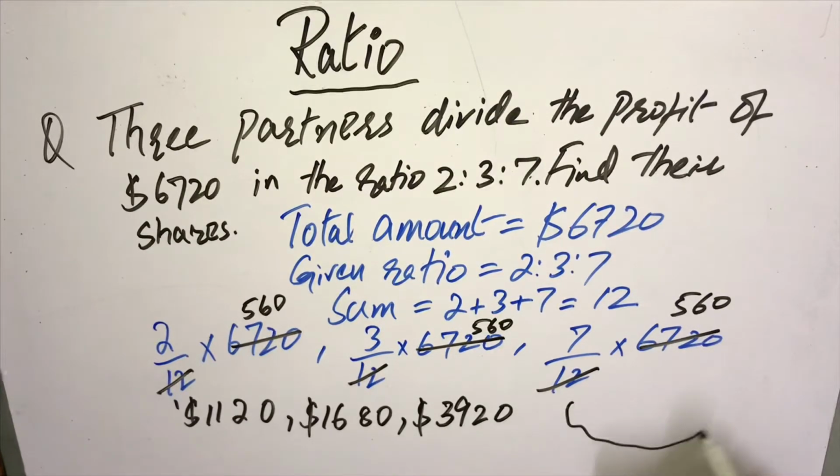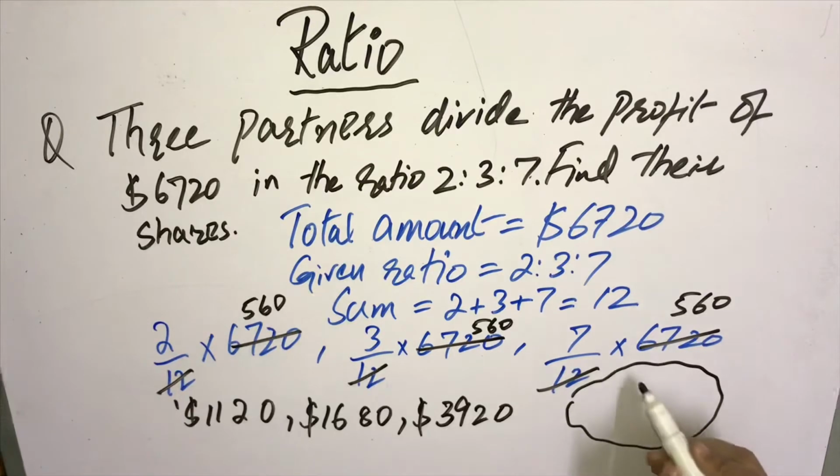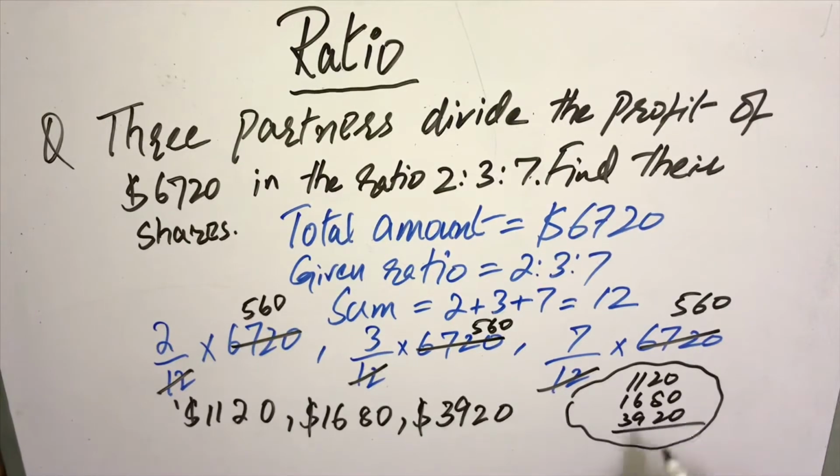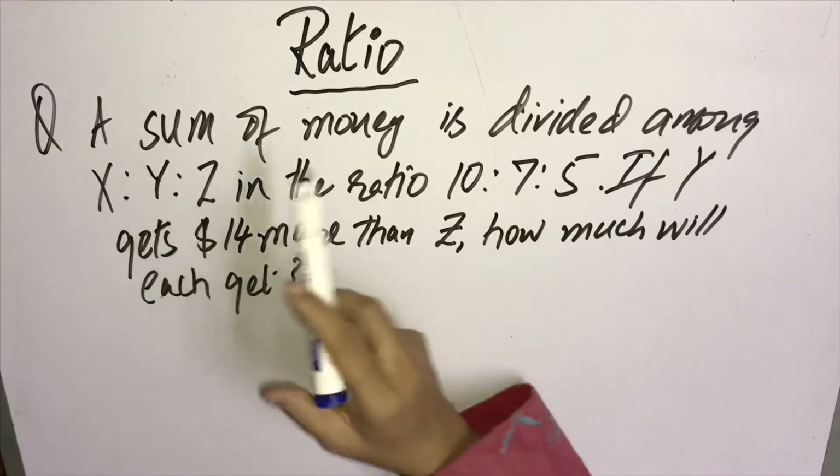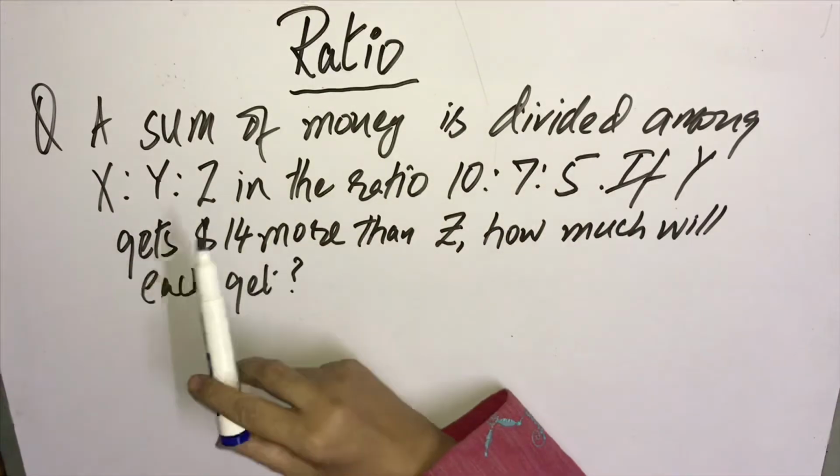And if I add these three, I can easily see that I have $6,720.